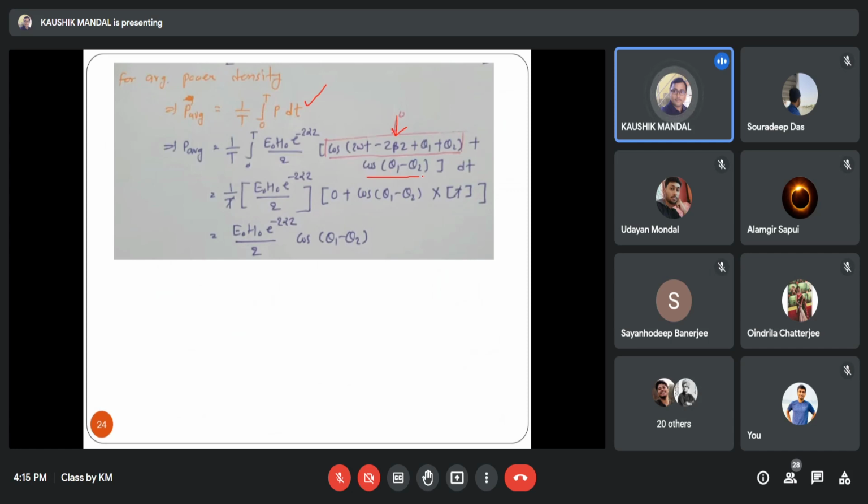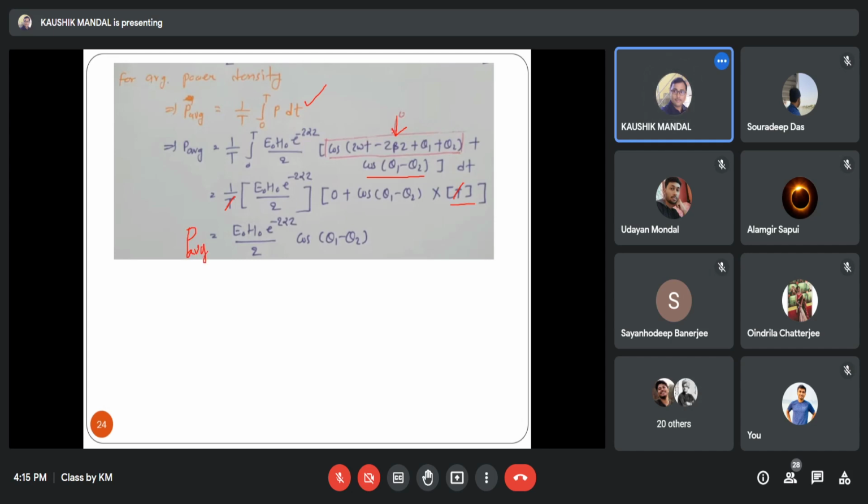What about the second term? It will remain as it is, cos of theta 1 minus theta 2, so it will be only T. Now this T and this T will cancel out. So it becomes E0 H0 by 2 e to the power minus 2 alpha z into cos of theta 1 minus theta 2. That is the equation of average power density that we found by applying the Poynting theorem.